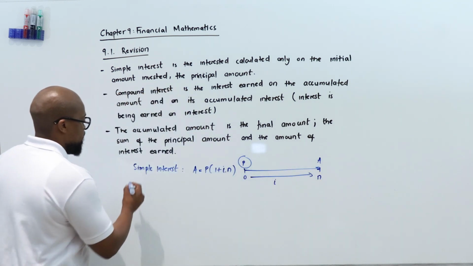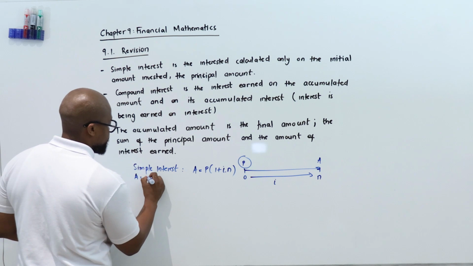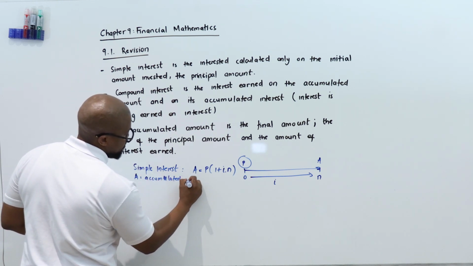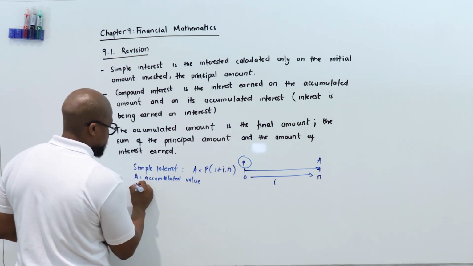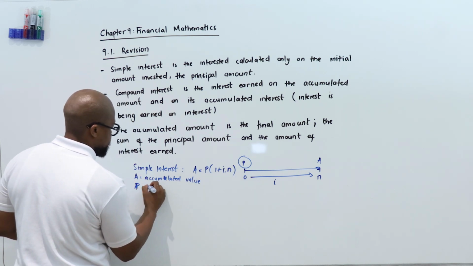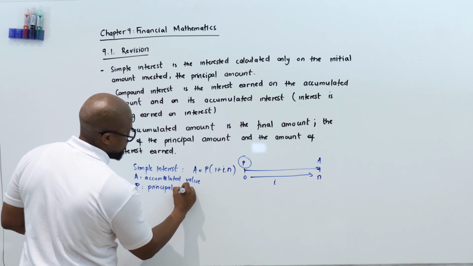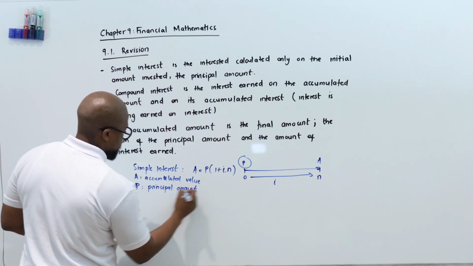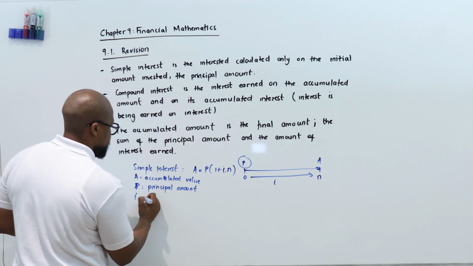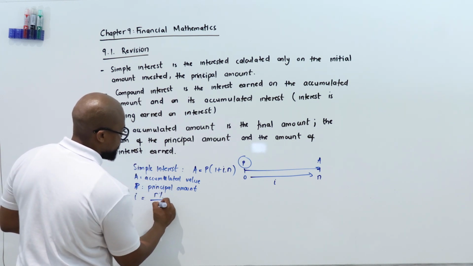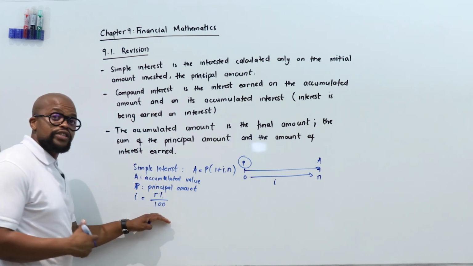And with this formula, A is obviously your accumulated value, P is the principal amount, that's the amount borrowed or invested, and then you've got your i. So you'll be given an interest rate percentage, you need to divide it by 100 to convert this into a decimal.